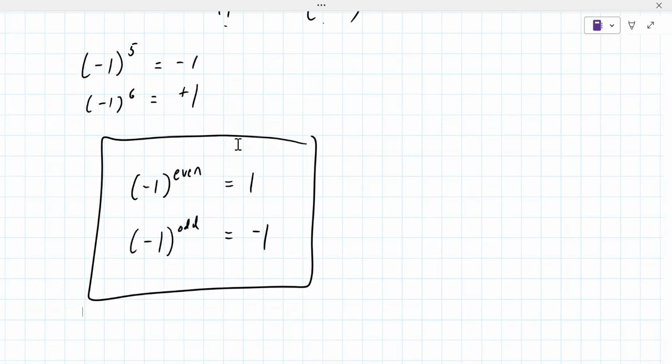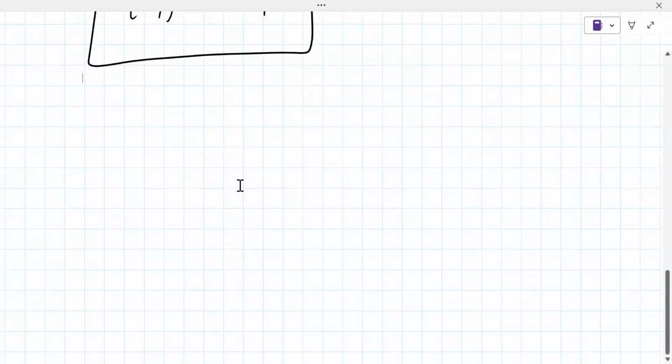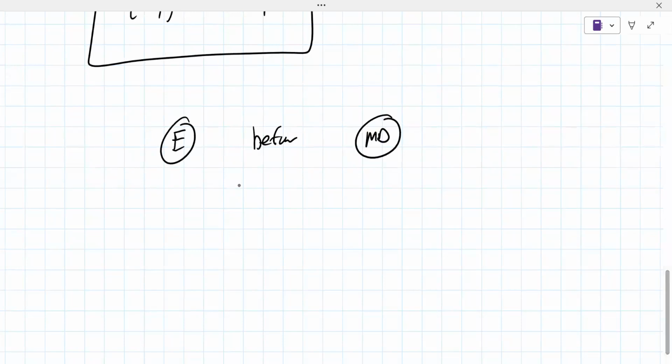I'm ready. As a reminder, you do exponents before multiplication and division, before addition and subtraction.